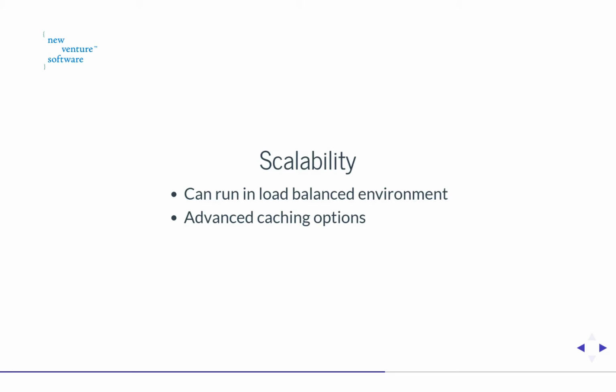Sitefinity is scalable. That means that it can run on a single instance or also on a load balanced environment. It also has advanced caching options, starting with the database layer and finishing with the front-end templating.